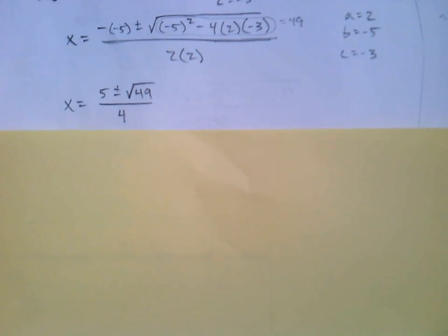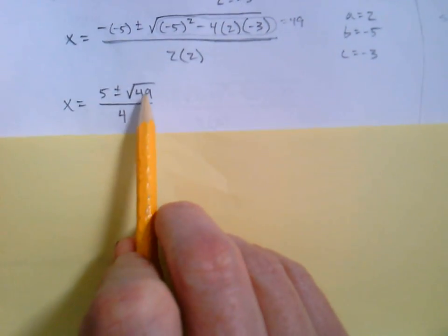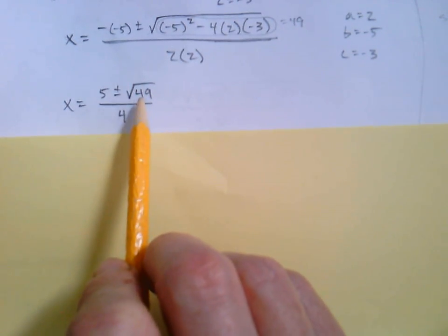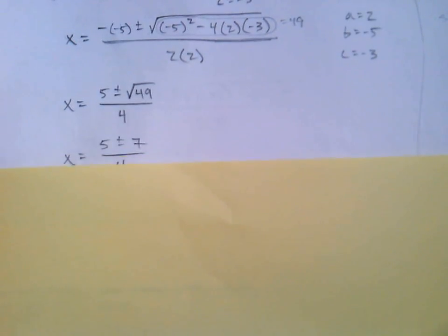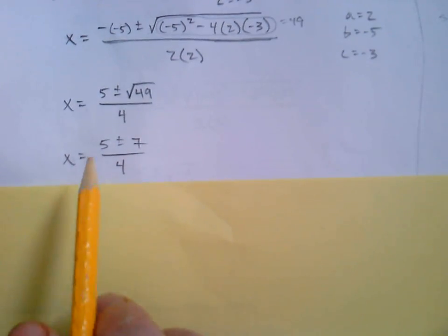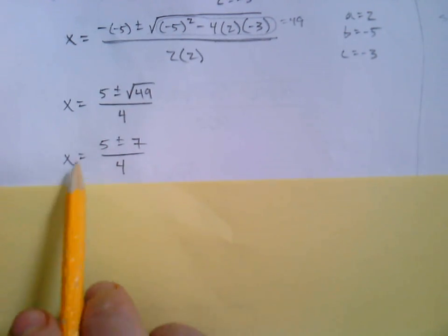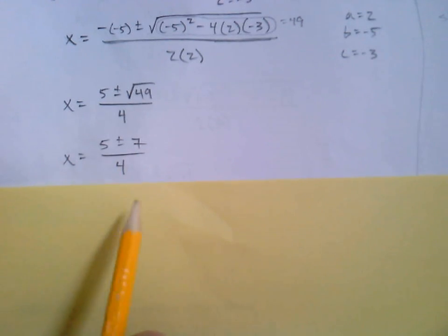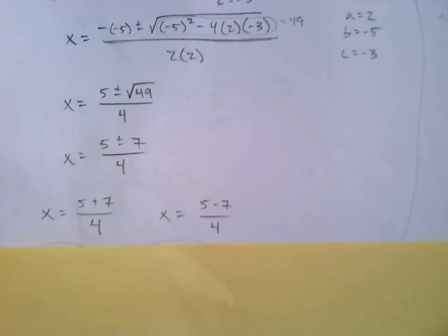So I bring it to this step. At this point, I either simplify as much as I can or do the whole thing and square root 49. Hey, that's really good. That's just 7. So I have 5 plus or minus 7 all over 4. And at this point, I want to go further, so I'll think of it as two separate equations.